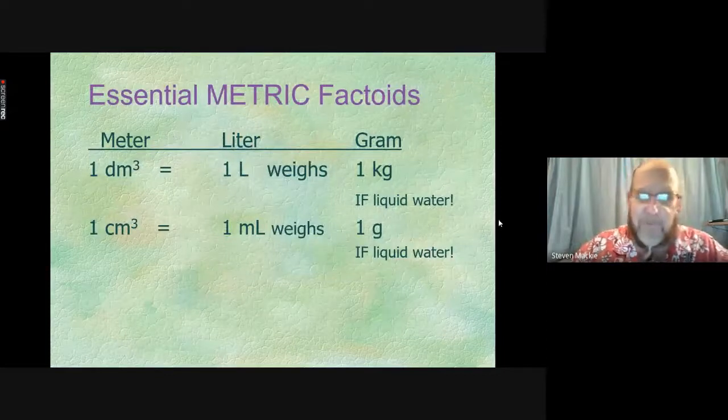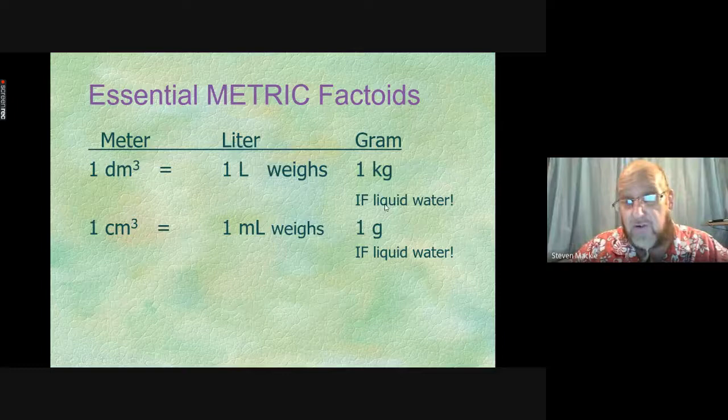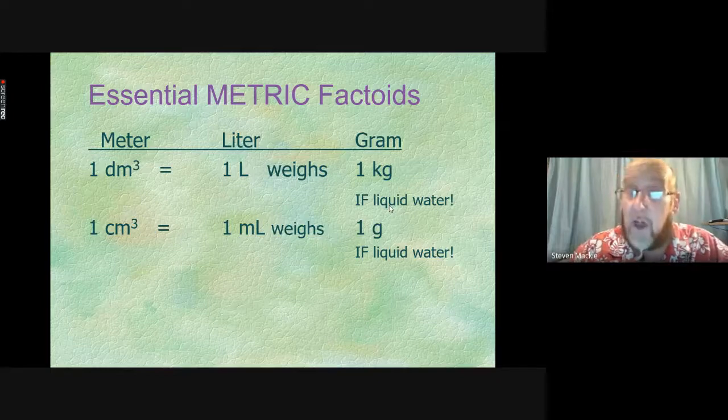And I've got to say, water is not only a super important biomolecule, it's one of the most common molecules on the planet Earth. They chose a natural substance as a reference value. 1 liter weighs 1 kilogram if we're talking about liquid water. It doesn't count if it's ice. Ice weighs less than liquid water. Solid water weighs less than liquid water.